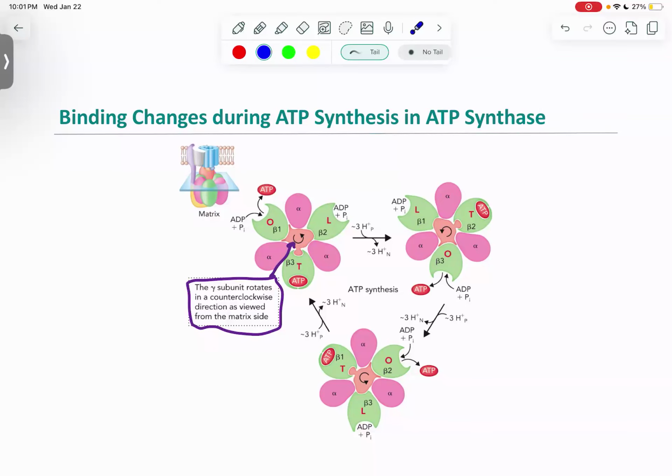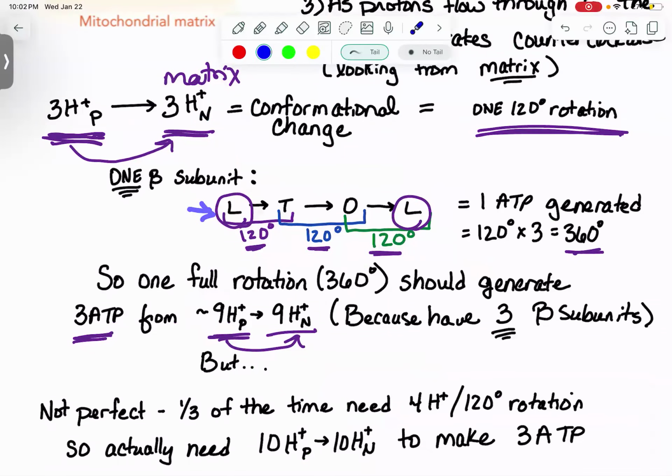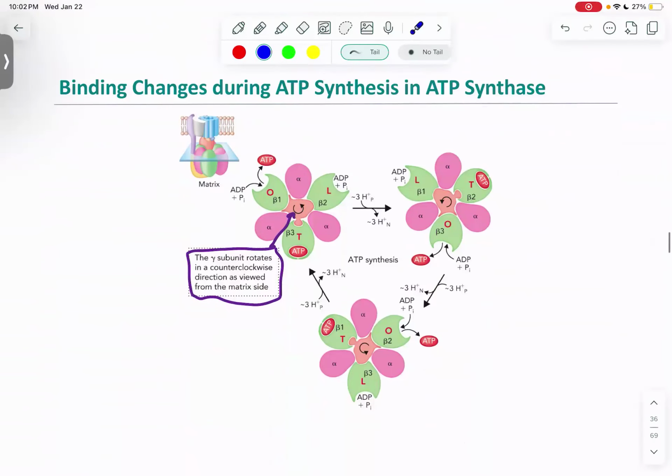So what I'd like to do is follow one subunit all the way around. I'm going to start with my configuration in exactly the same way I started here. I'm going to start on loose. Okay, so here I am. I have a beta subunit and I'm in the loose configuration.